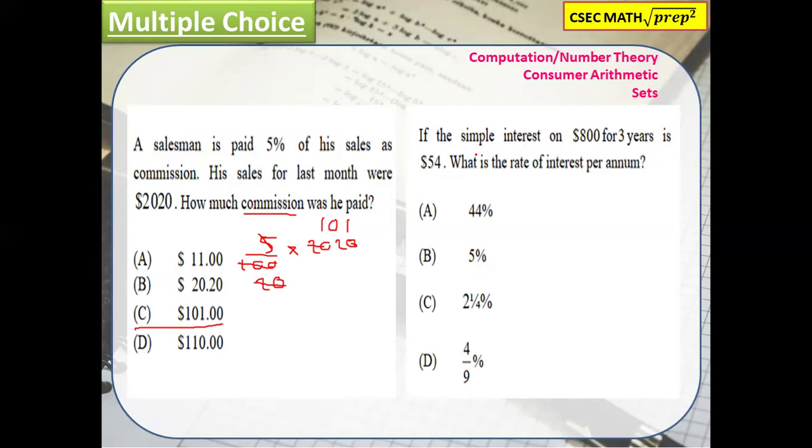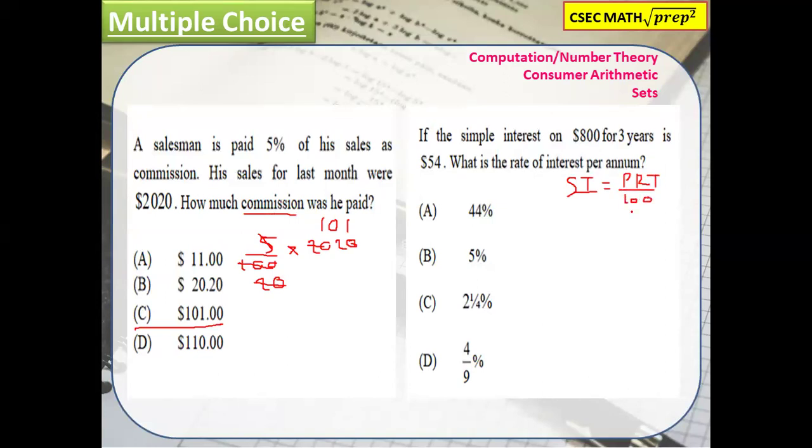Moving on to the other question. If the simple interest on 800 for 3 years is $54, what is the rate of interest? Now, the simple interest concept, right? The question can be asked in 4 different ways. If the question is asking you for the simple interest, we all know that the formula is principal times rate times time over 100.